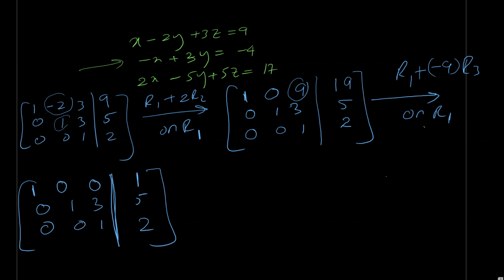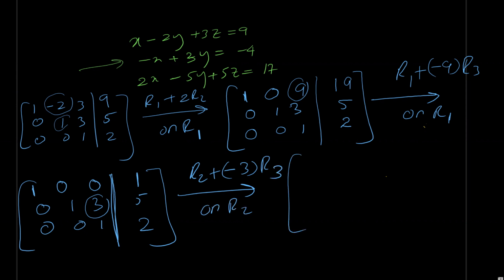The only place I have a problem is this. I can get rid of that by using R3. So R2 plus negative 3 times R3 on R2. Because I need to get rid of that 3. So 1, 0, 0, 1. And the last row, we are not doing anything.